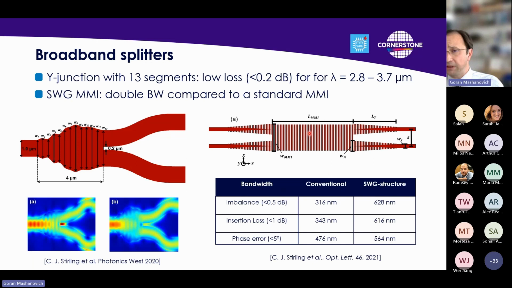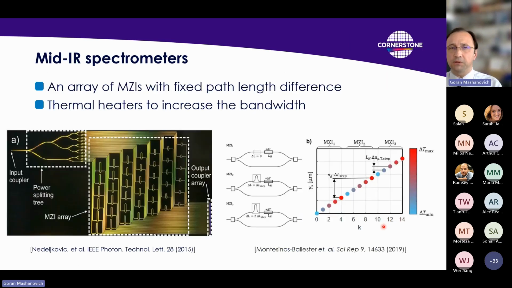And we have shown that by doing that we can increase the bandwidth, the operation wavelength of our MMI by a factor of 2. So you can see, to have imbalance, small insertion loss, and so on, the conventional one would operate within 300 nanometers, but the SWG structure over 600 nanometers, so we can double that.